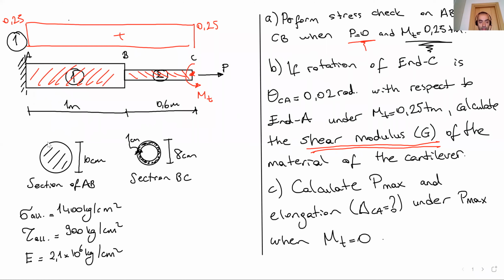This one is a large section. This is a smaller section. So we can calculate a capacity from here, area times sigma allowable, and area times sigma allowable. So we have the capacities for each section.